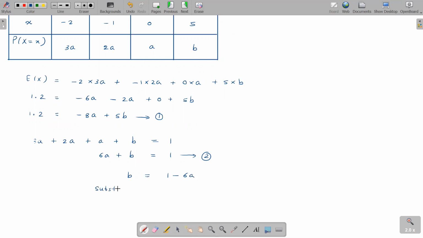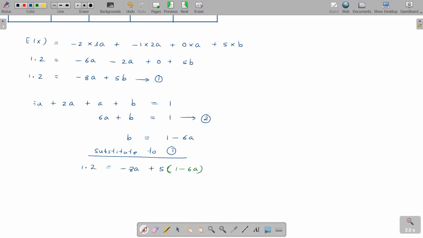And let's substitute that into equation number 1. So 1.2 equals -8a plus 5 times the b value, inside brackets, 1 minus 6a. Are you with me?